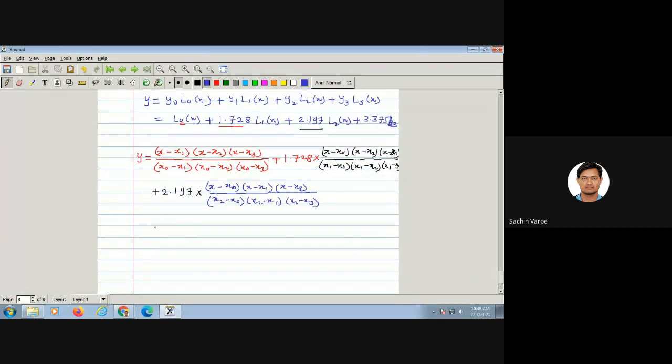And the last term plus 3.375 into L3. How do I write L3? L3 will be x minus x0 into x minus x1, x minus x2 upon x is replaced by x3. So x3 minus x0, x3 minus x1, x3 minus x2.